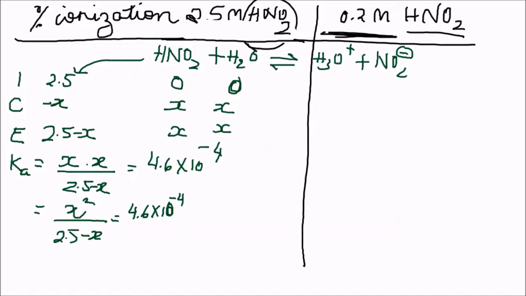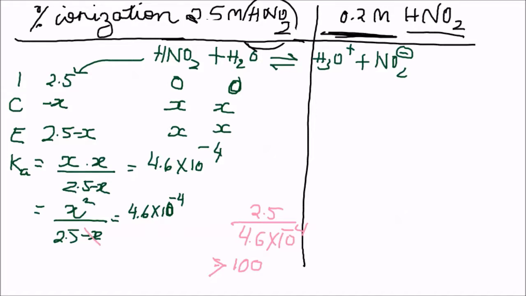So you're going to find the ratio of the initial concentration, 2.5, divided by 4.6 times 10 to the power of negative 4. That's going to give you a number which is greater than 100. I can just tell that by looking at it. And so the x can be deleted.